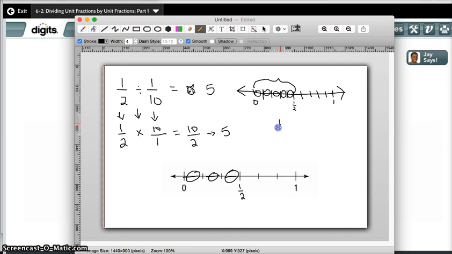So we would freeze 1/2, so 1/2 would stay the same, change division to multiplication, and we would flip 1/6 becomes 6/1. You do 1 times 6 is 6, and 2 times 1 is 2, and 6 divided by 2 is 3. So we get the same answer both ways.